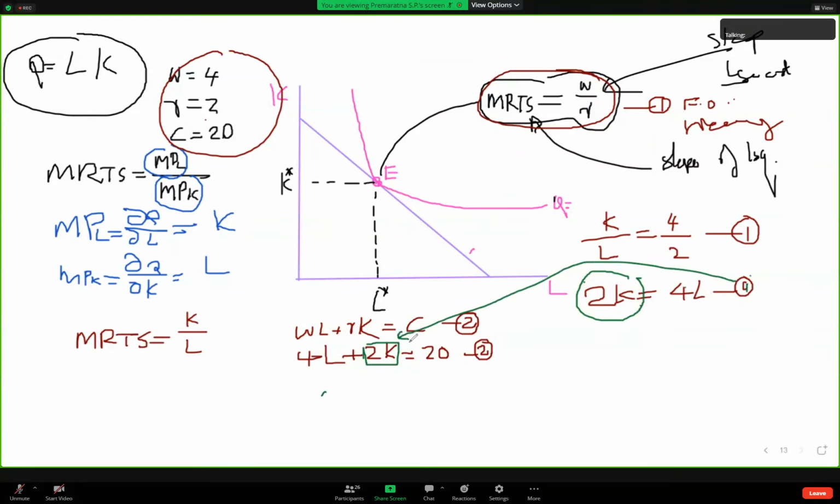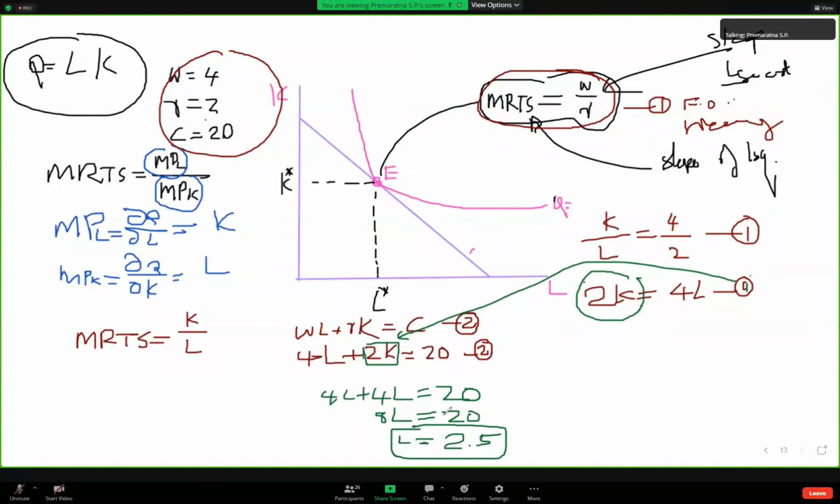So 4L plus 4L equals 20, which means 8L equals 20. L is 2.5. That is the labor you get here.